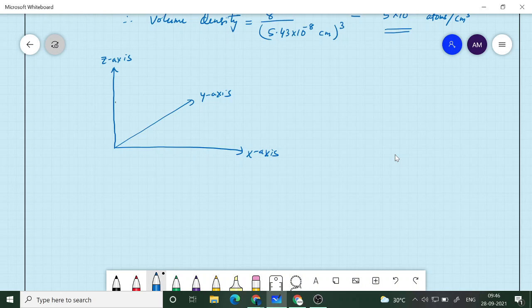So that is how you understand whether it is a right hand coordinate system or not. Okay, so now if I draw, this is my lattice constant, so this is like a square, and we are going to talk about different planes.